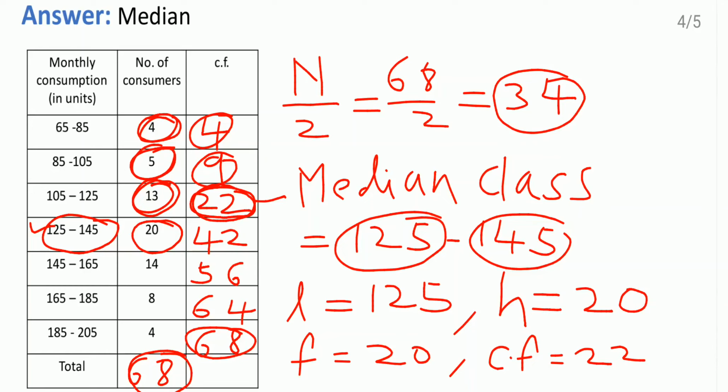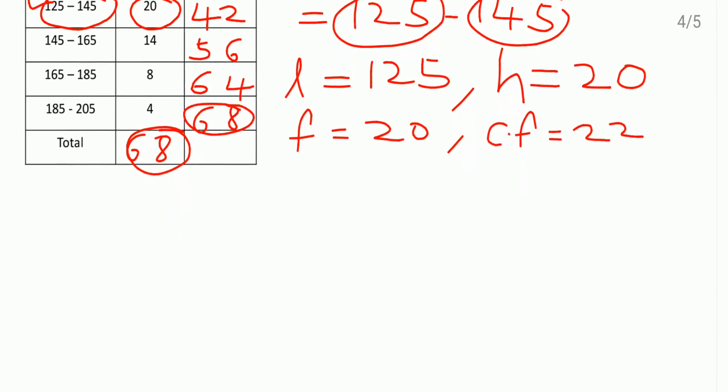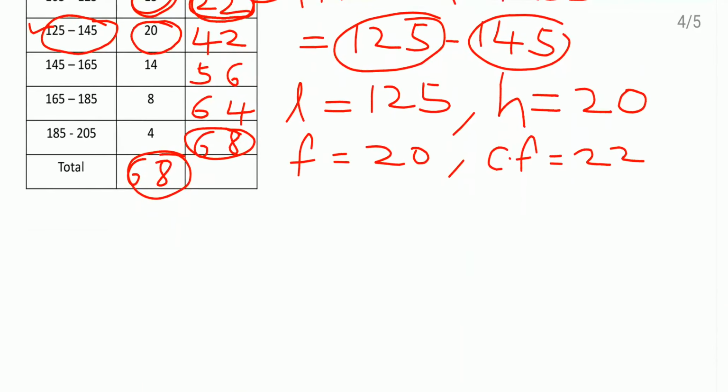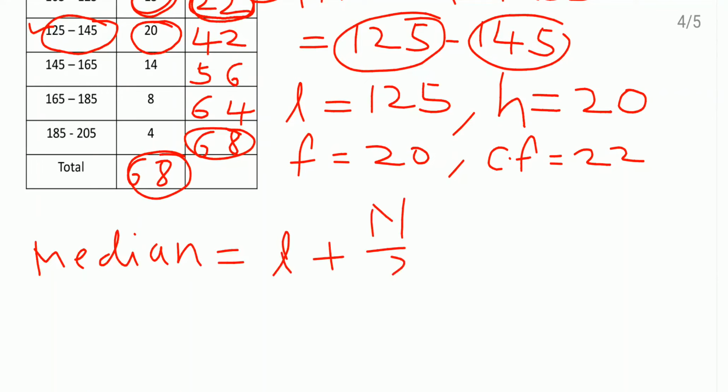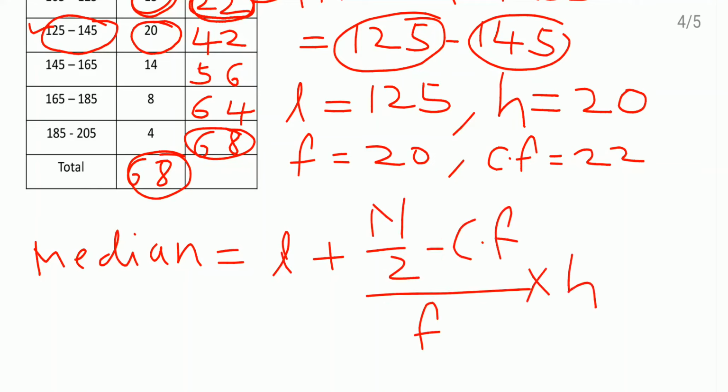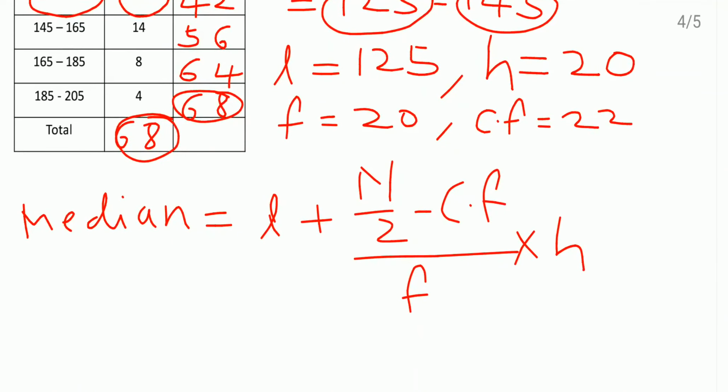Now let us see the formula. The formula is: median is equal to L plus N by 2 minus CF, divided by F, into h. So L is what? L is 125. N by 2 is what? 68 by 2 means 34.